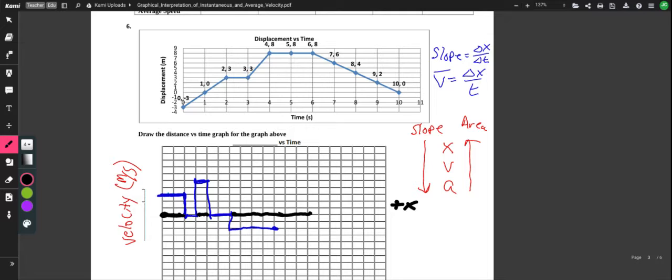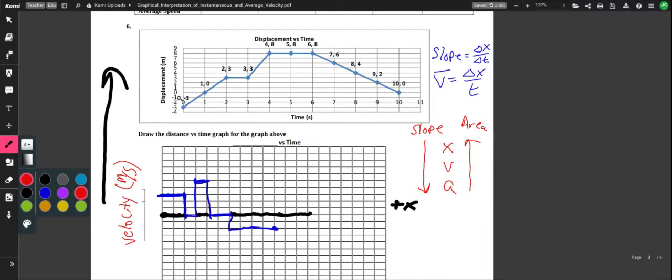So to go from the velocity time graph up to the displacement or position time graph, we start off by taking the area of each of the sections in the velocity time graph. The area of the first section, which is located right here, is going to be length times width. So it would be 2 times 3 or 6. In the next region, there is no height, so it's 0 times 1, which is 0.